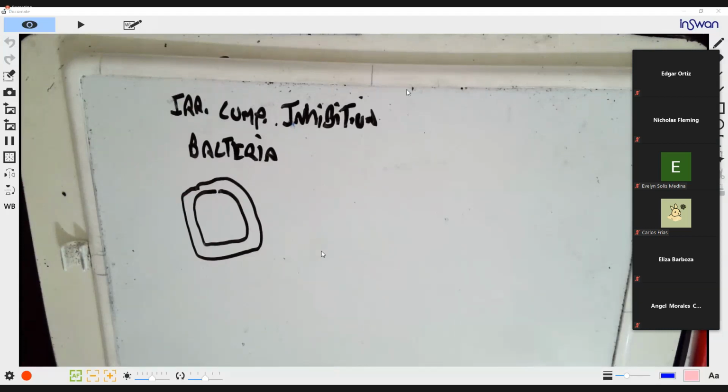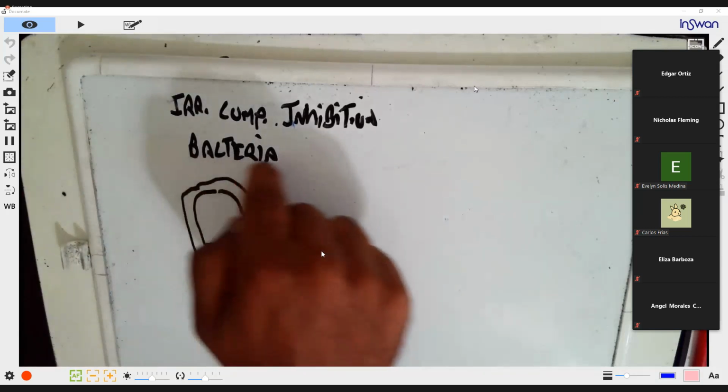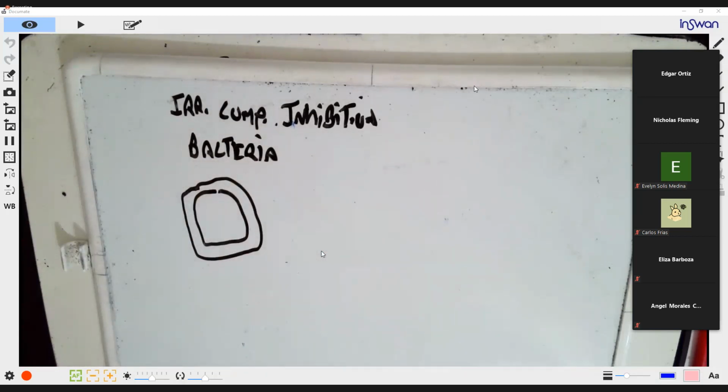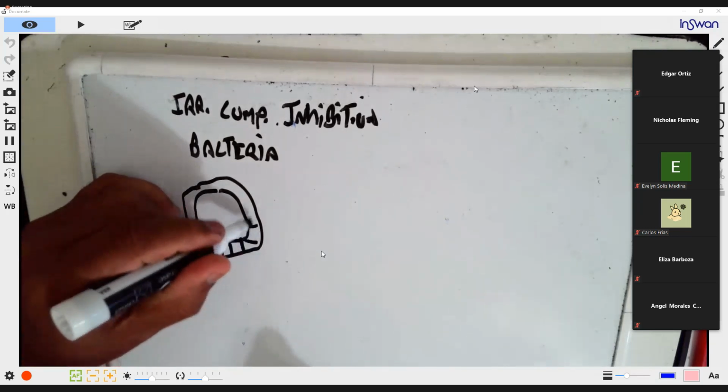Plant cells have it, bacterial cells have it, and animal cells don't have it. What's this outer boundary of the bacteria called? You remember? Cell wall. Very good. So this is a cell wall.